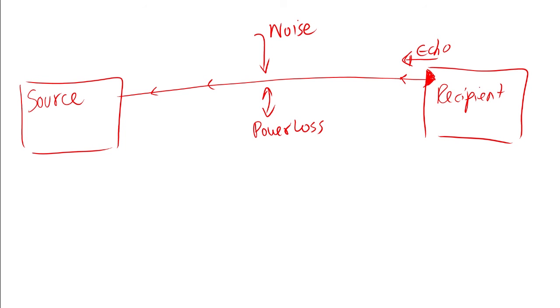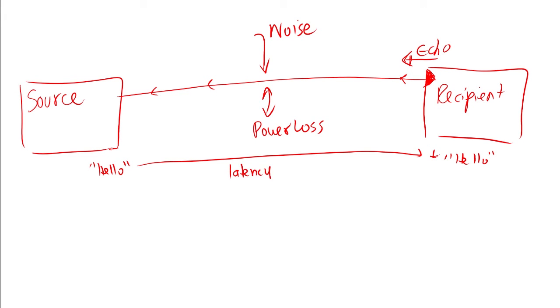And then we also have a delay. So how much time from when, if I said hello, how much time does it take for that to be received? We call it the latency, which we're going to look at more later, but latency is a very important measurement.